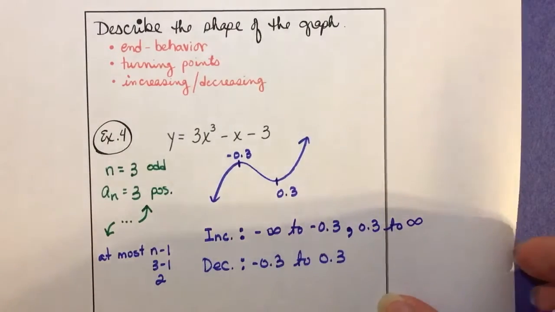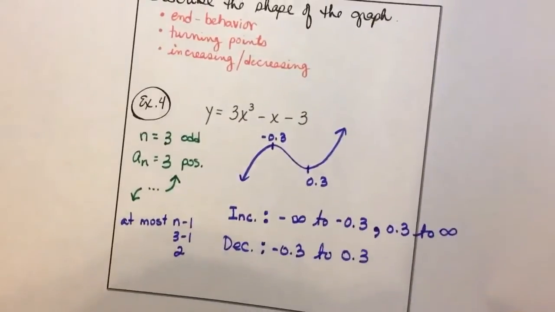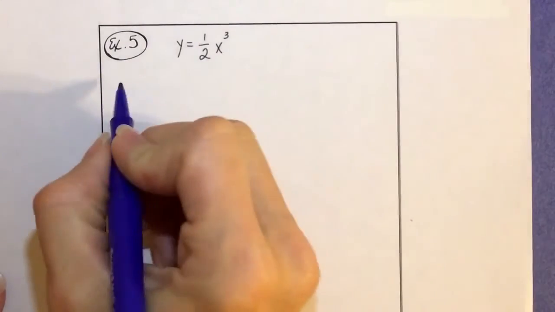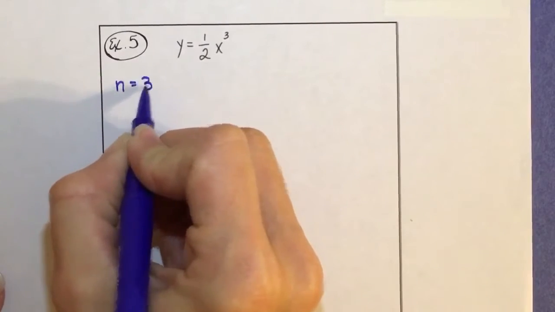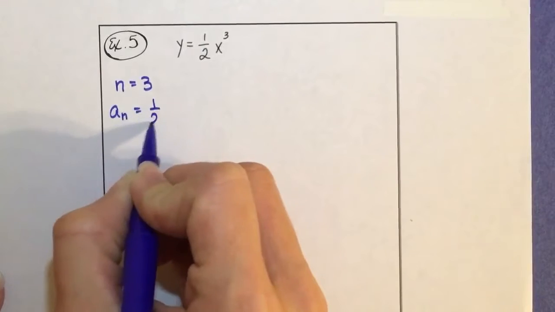All right, one more to look at real quick. And let's do our end behavior first. All right, so n is 3, because that's my exponent. The leading coefficient's the 1/2.